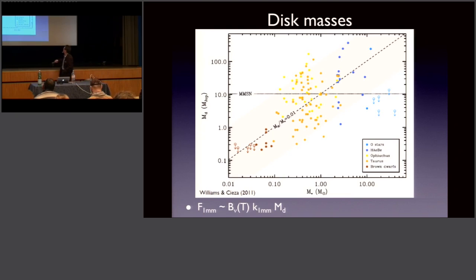If you do this, this is a collection from the review of Williams and Cieza, so there are now some more observations. I'll show you some other plots of this in a minute, but the general trend is that you have a sort of dependence of the mass of the disk on the mass of the host star, as you see.